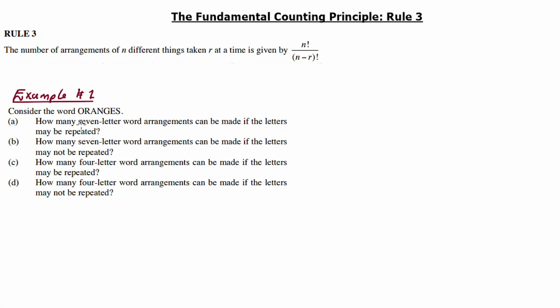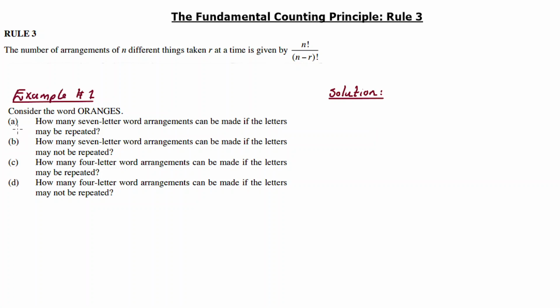The reason I'm taking this example is to recap and compare the rules while we discuss rule number 3, just to show you how rule number 2 and rule number 3 differ. Rule number 1 is the easiest, but I want to demonstrate how rule 2 and rule 3 differ.